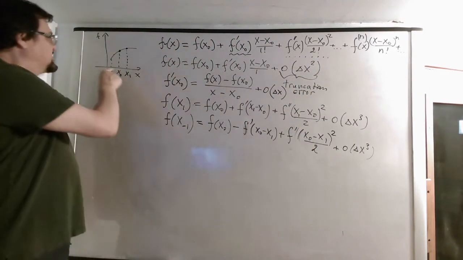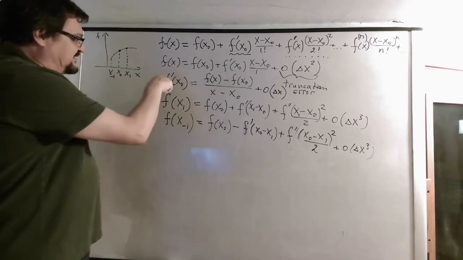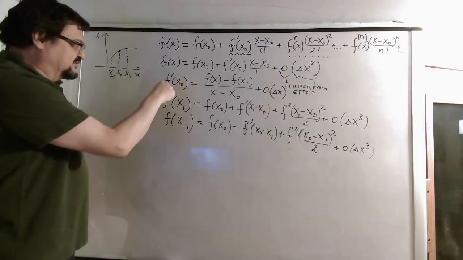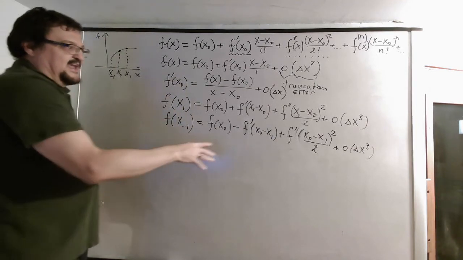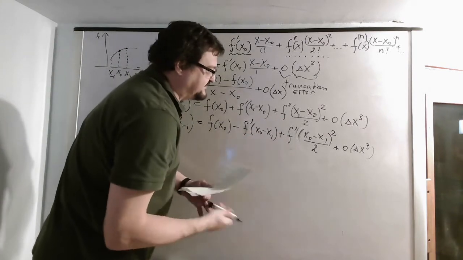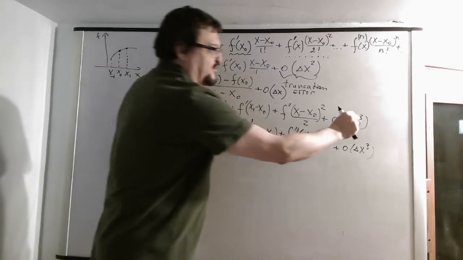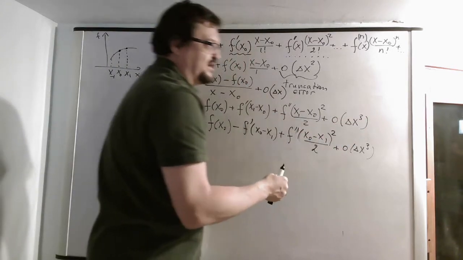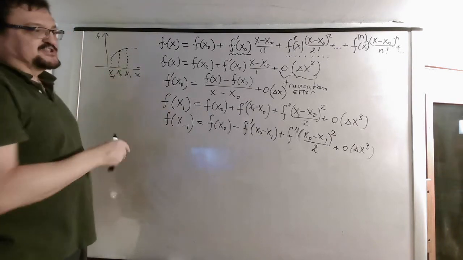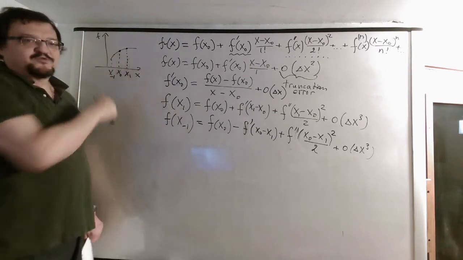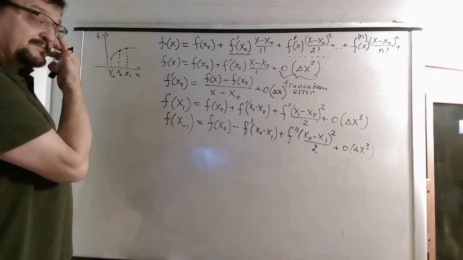For that, you need to add 1 point, so that instead of writing 2 equations, you write 3 equations like this, and then you will cancel the second derivative first, and then you cancel the third derivative, and you will preserve delta x to the 4th power as your truncation error. So each time you add an additional point, you keep improving the accuracy of your derivative. So that's kind of a general rule.